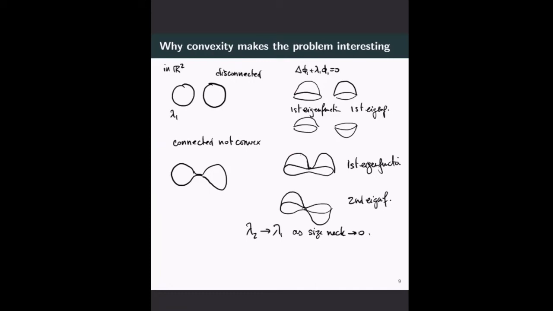There are results that say if you have two convex domains connected by a very thin neck, then the behavior of these eigenvalues will be like this. So if you don't impose convexity, you can always do this, and so the fundamental gap will go to 0.